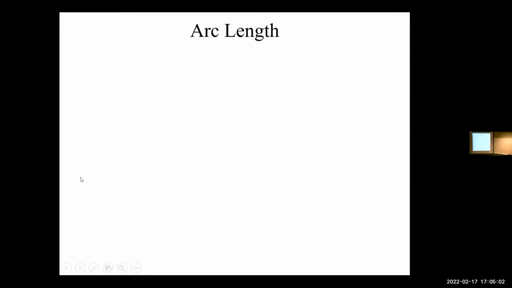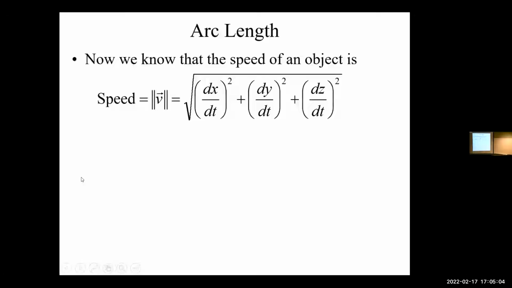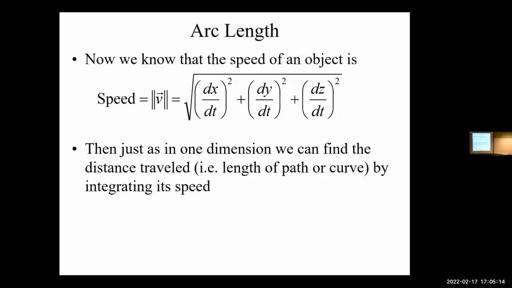All right, so let's talk about arc length. Not a difficult concept. This is basically the speed, and the idea of arc length in 2 dimensions is the same in 3. Basically, what we're doing is we're getting the distance traveled by integrating the speed.